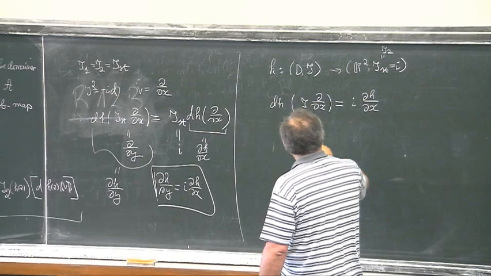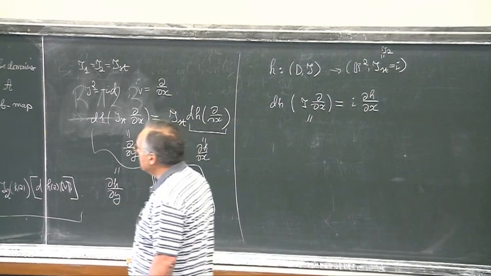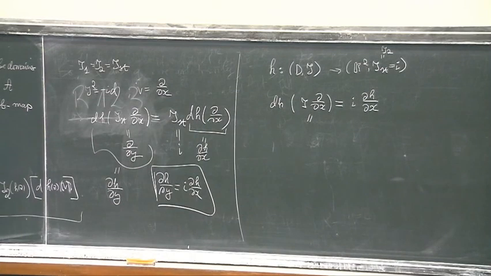Now, this guy, according to our exercise, is given by this matrix. Therefore, J from d over dx is a times d over dx plus c times d over dy.